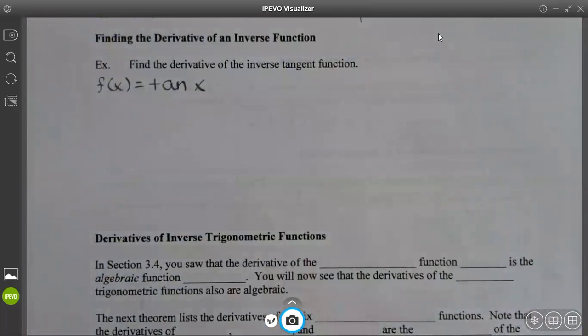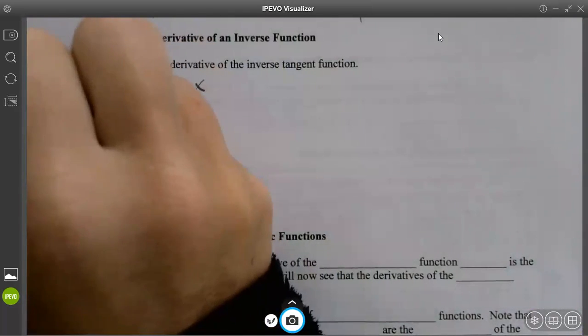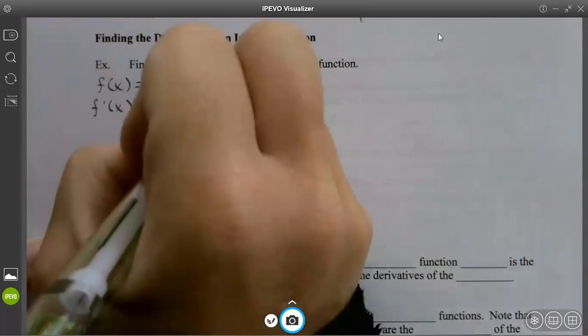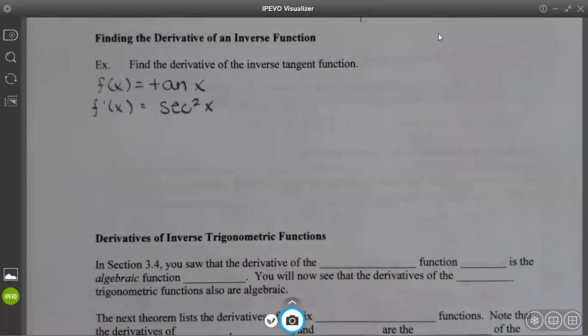What's your derivative? There's a way that I can rewrite secant squared x. Not like that, using trig identities. So if you have your book, flip your front cover open, somebody will find it.